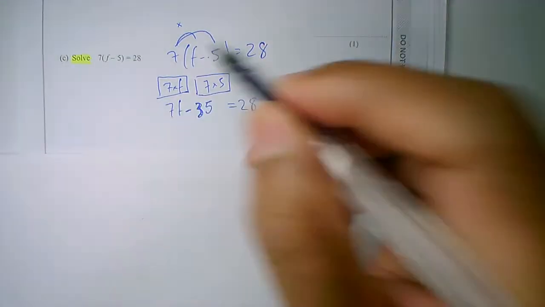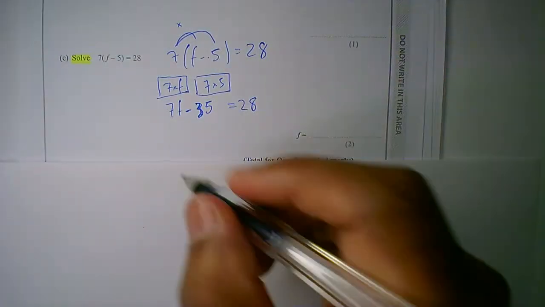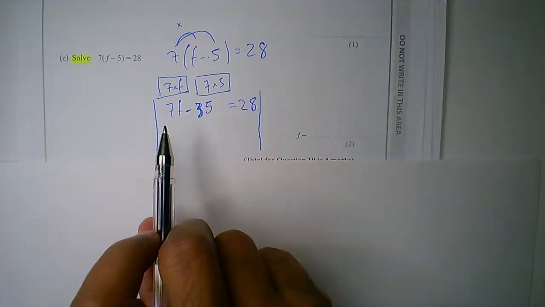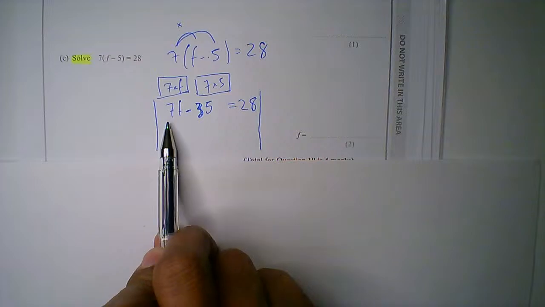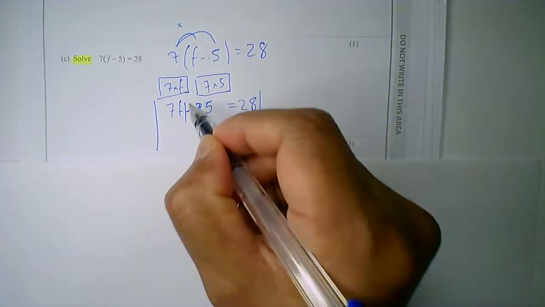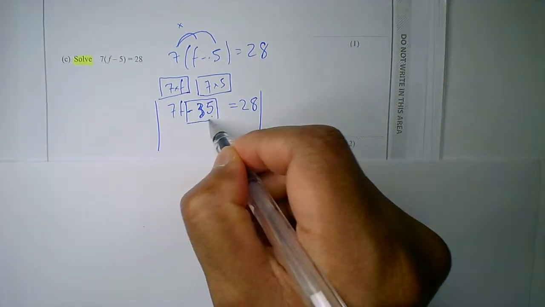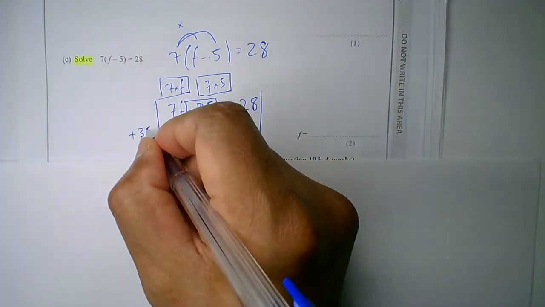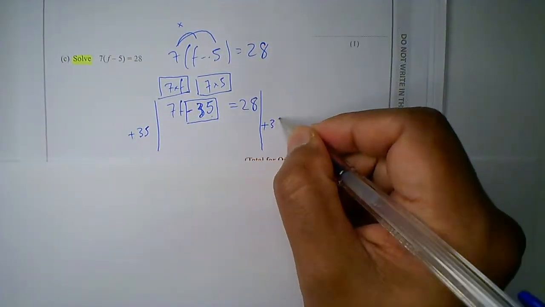And so now how do I find my F? First of all, I can see that what's furthest away from F, it's not 7, it's minus 35. So I can remove 35. Opposite of minus 35 is plus 35. Plus 35.